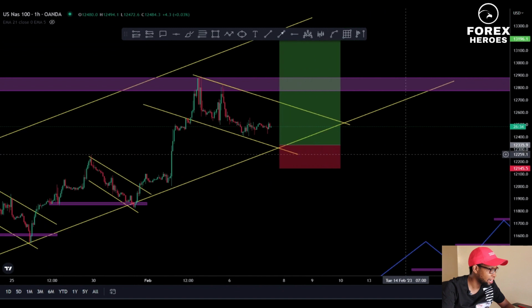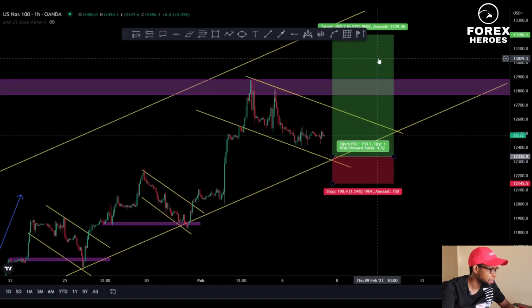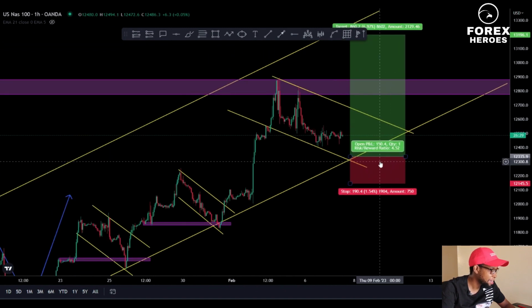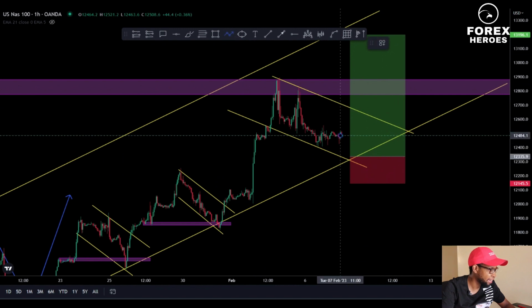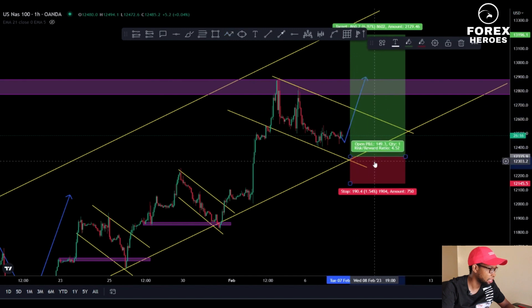See, so currently we are here. What are we expecting? We're expecting a push to the upside, but remember, we can have a spike because we haven't passed this point. You can have more of a something like this.